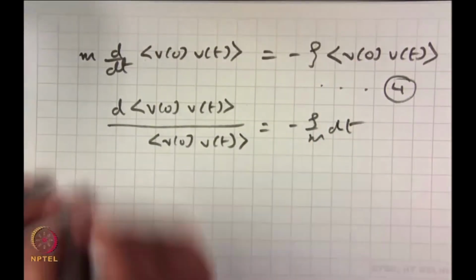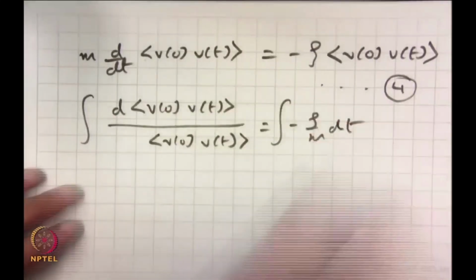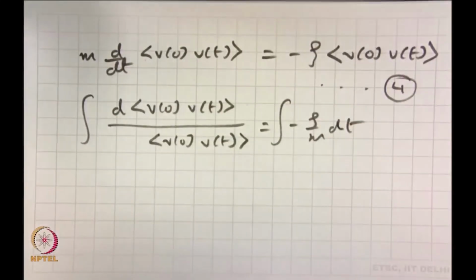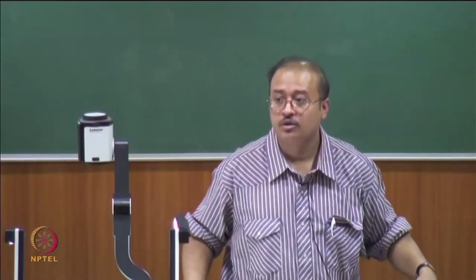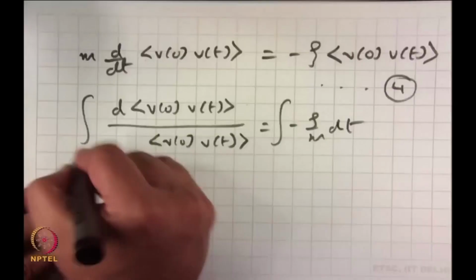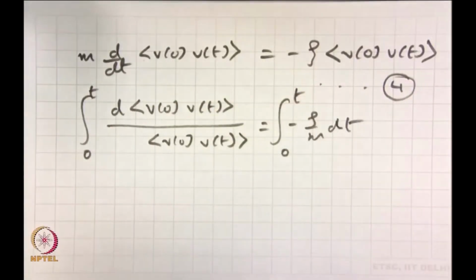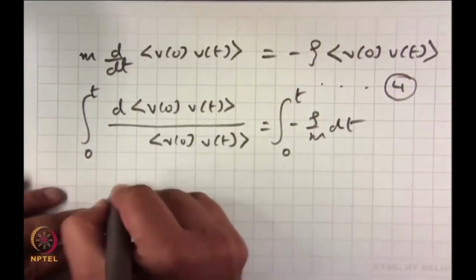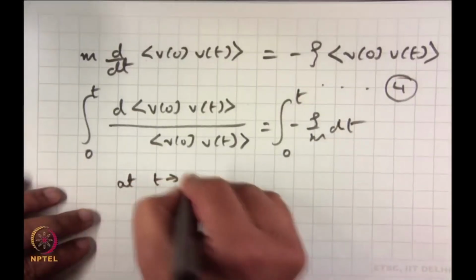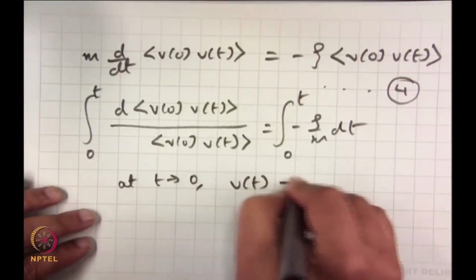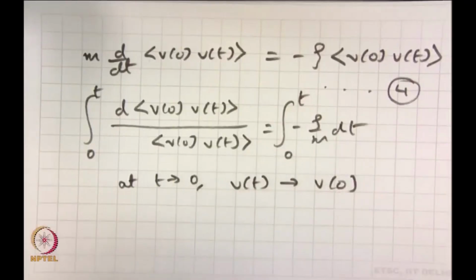We integrate both sides, and what do we integrate between? What would be our integration limits? 0 to t, excellent. Now, at t tends to 0, what is V(t)? V0, because t is equal to 0 and the particle has an initial velocity V0.